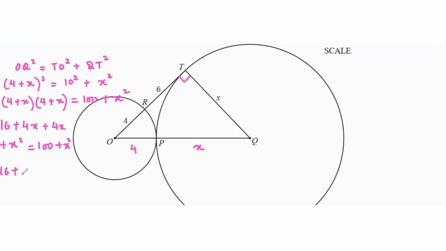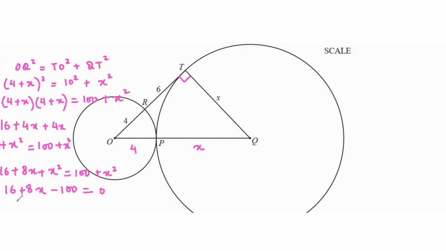So that's 16 plus 8x plus x square equals 100 plus x square. If you bring everything to one side, that's 16 plus 8x minus 100 equals 0, because x square minus x square is 0.